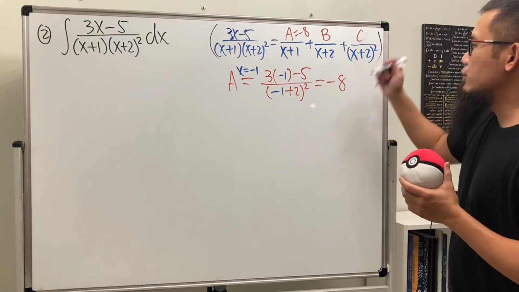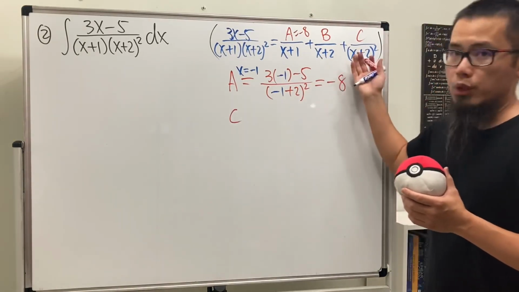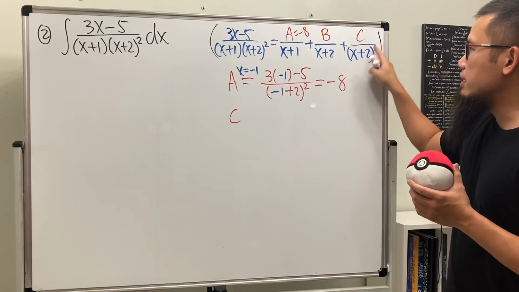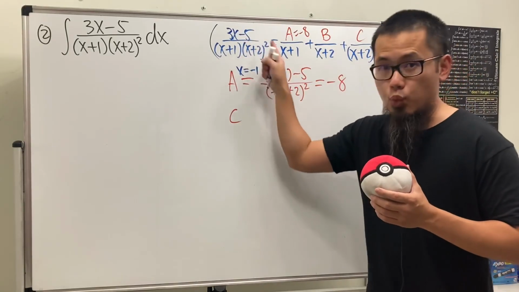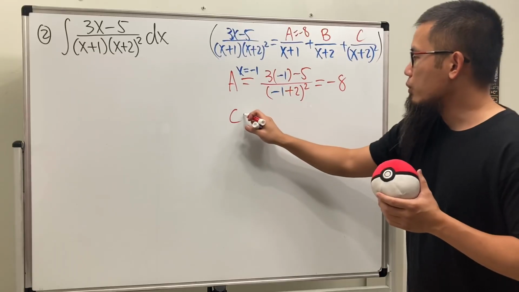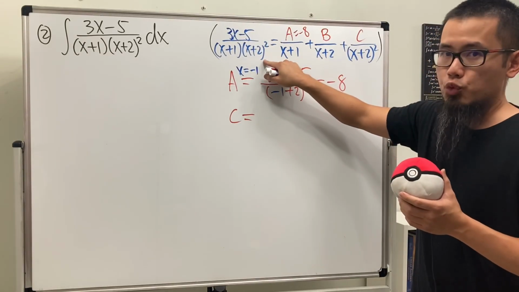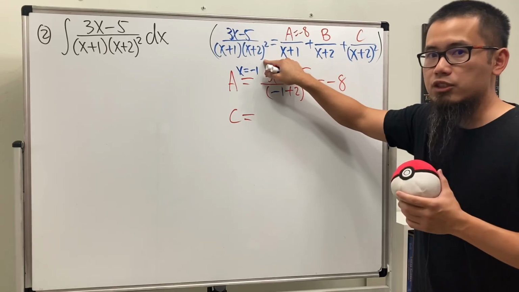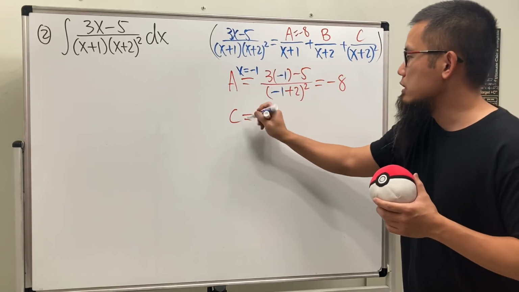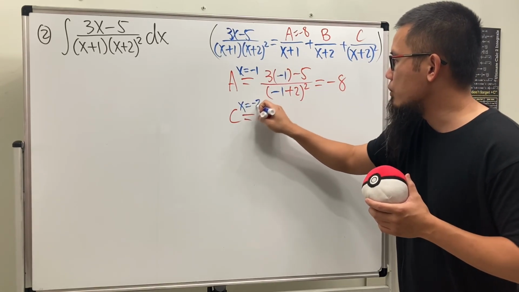All right, now let's do C as well. And the reason that we can use C is because this denominator is exactly the same as this one, right? So we cover this up, and how can we make this factor equal 0? The answer is x has to be -2. So we just let x equal -2.